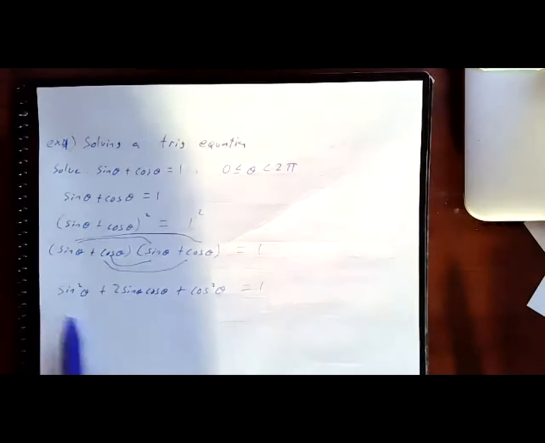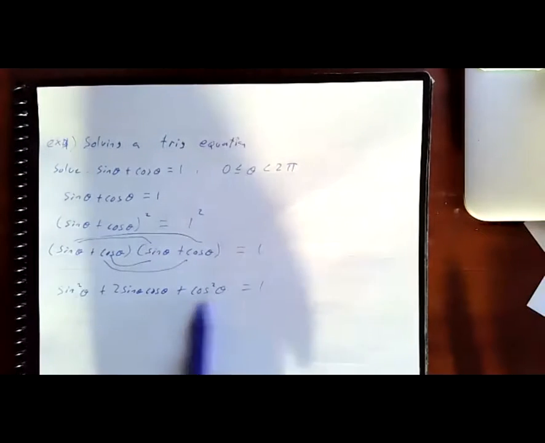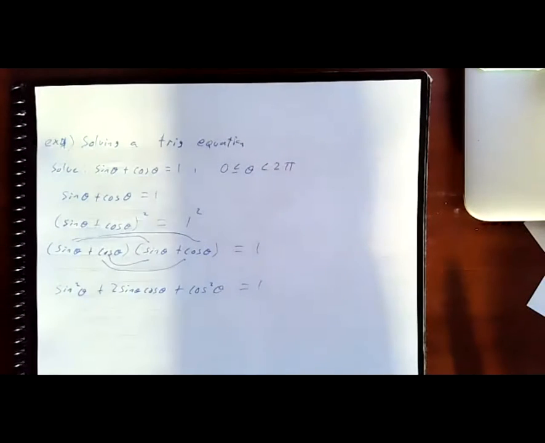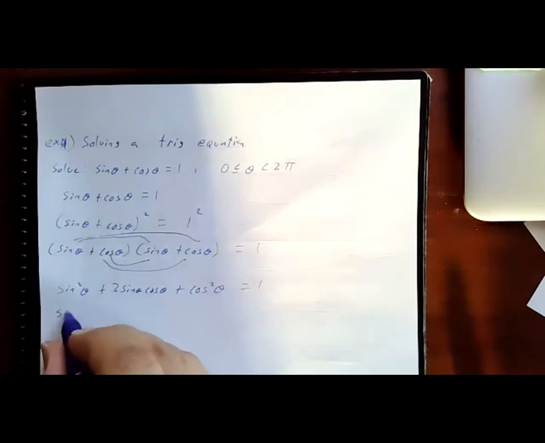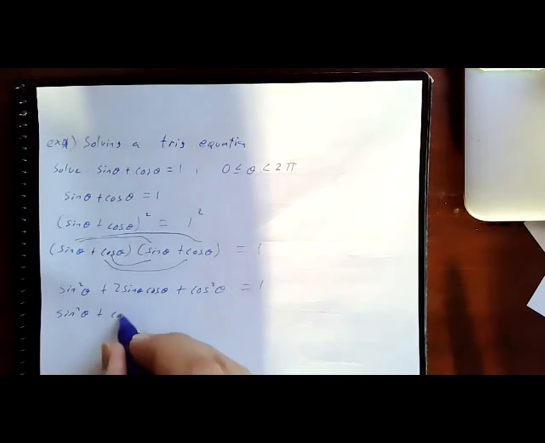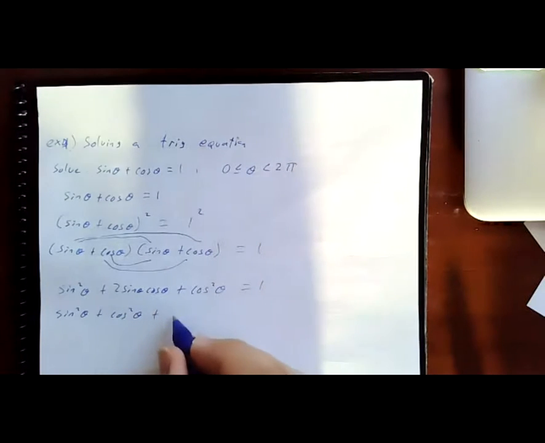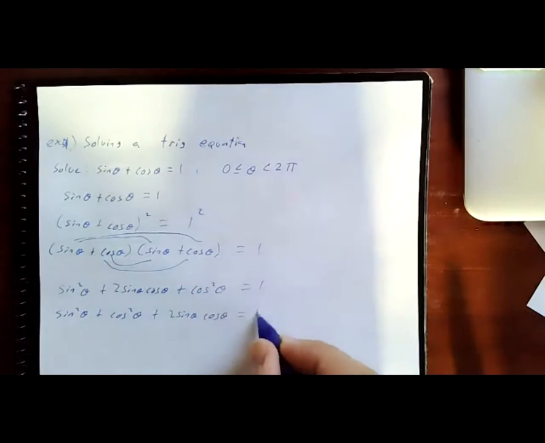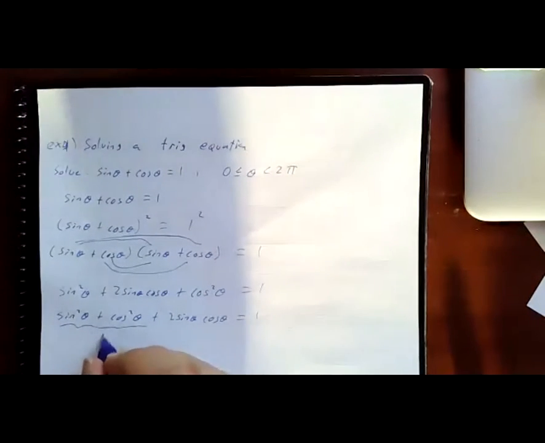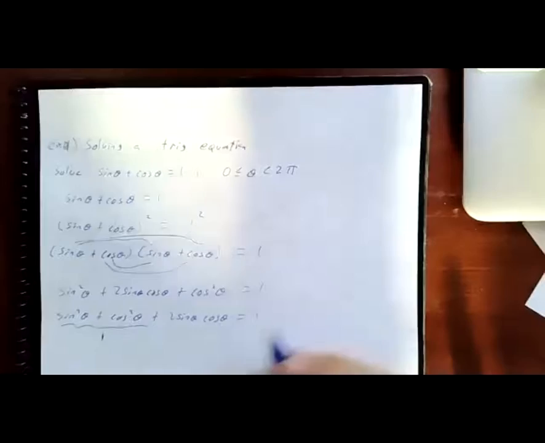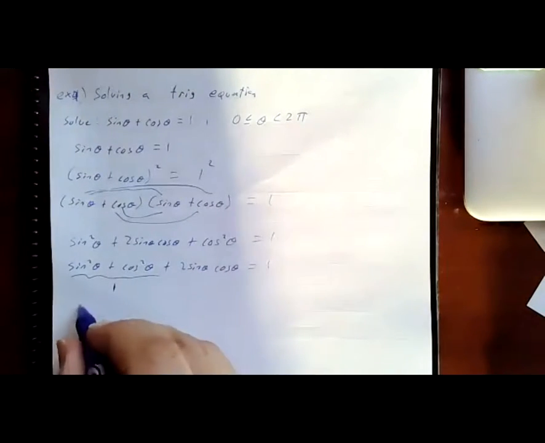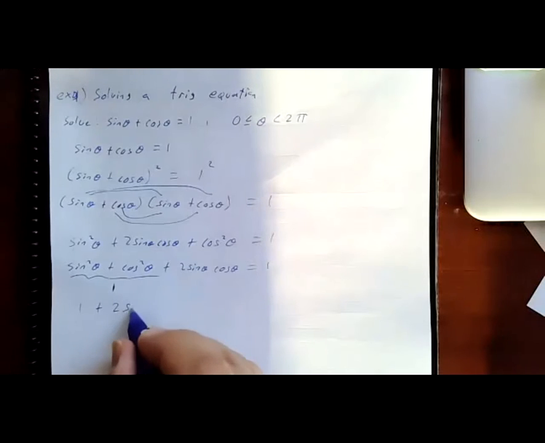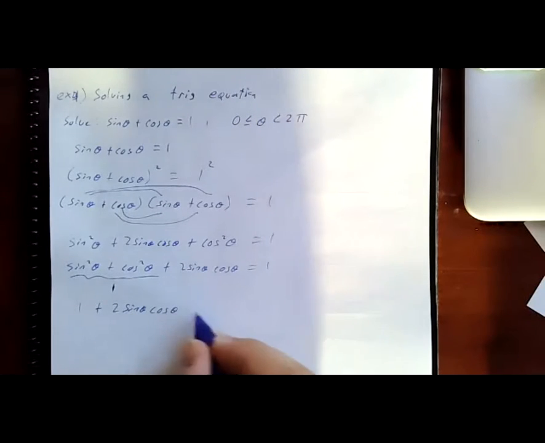And we know sine squared plus cosine squared is going to be 1, right? So I'm going to rewrite it just to show that. So this right here is 1 by the Pythagorean identity. Excuse me. So this is 1 plus 2 sine theta cosine theta equal to 1.